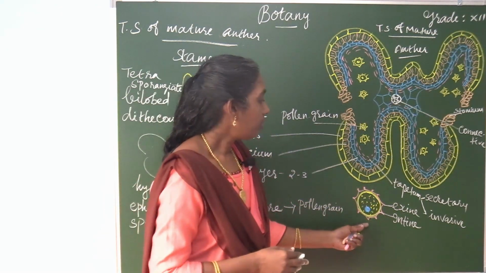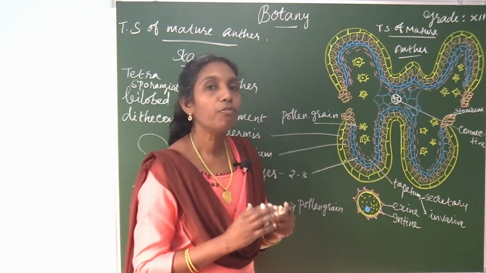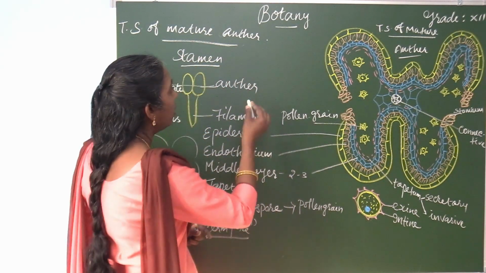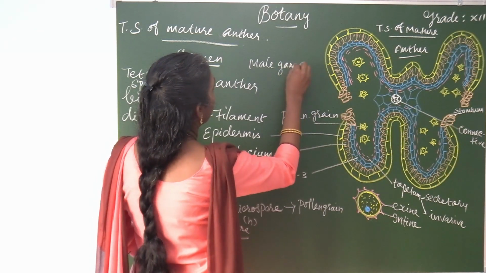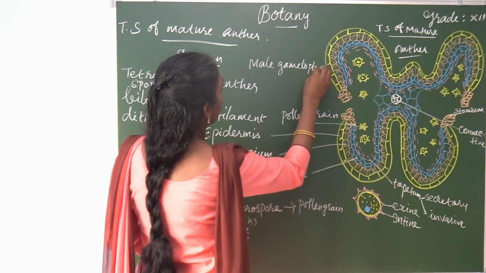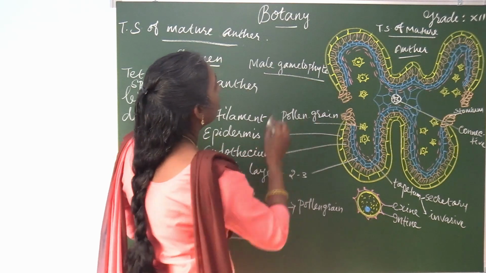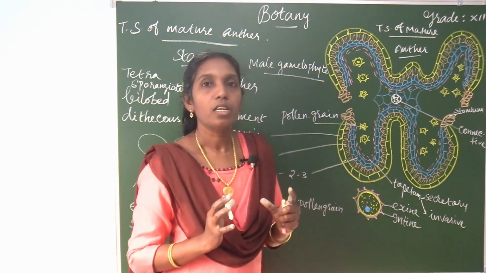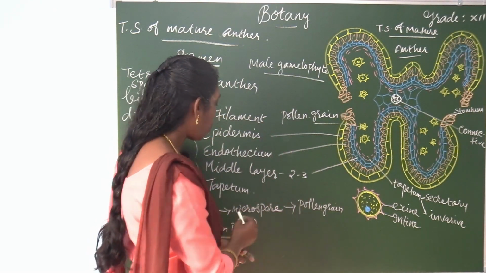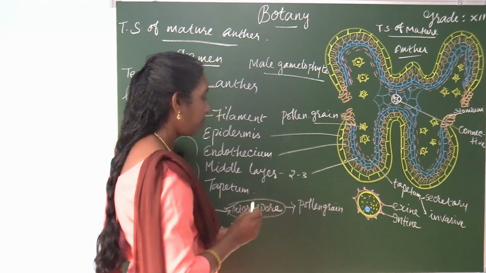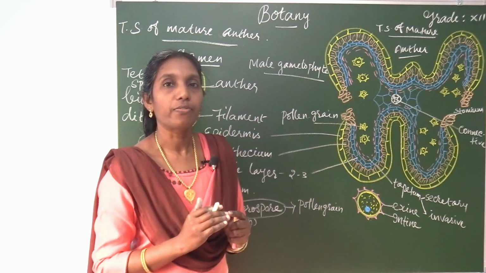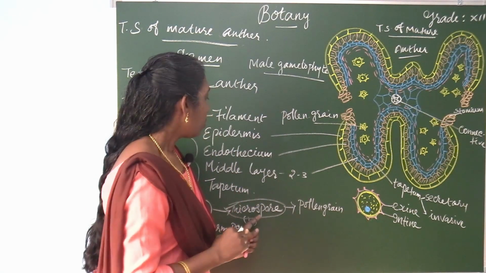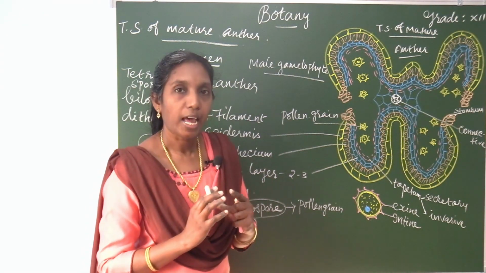Now let's learn the development of the male gametophyte. The first cell of the male gametophyte is called microspore. Microspore is the first cell of the male gametophyte. So, in the male gametophyte, microspore is haploid.